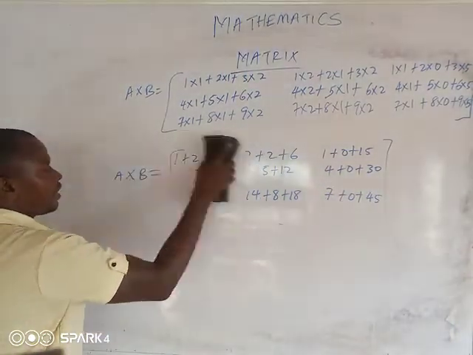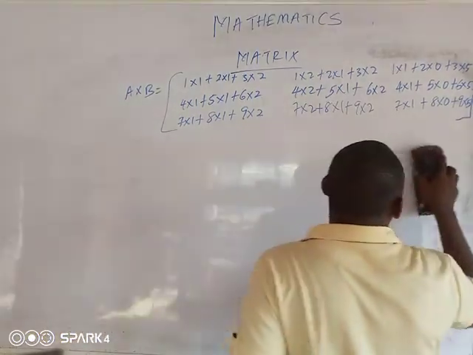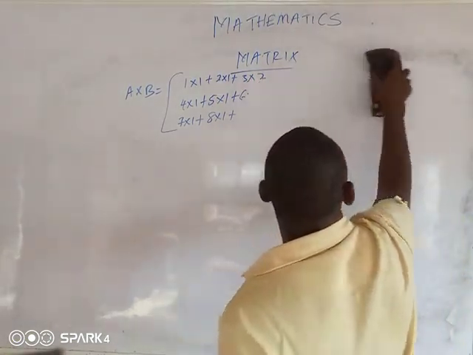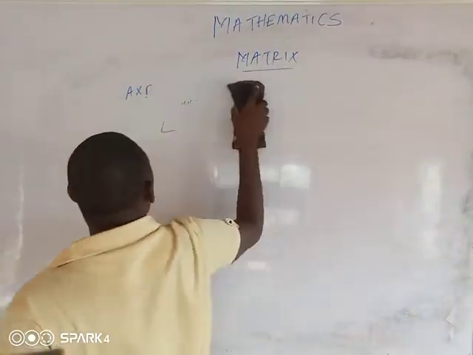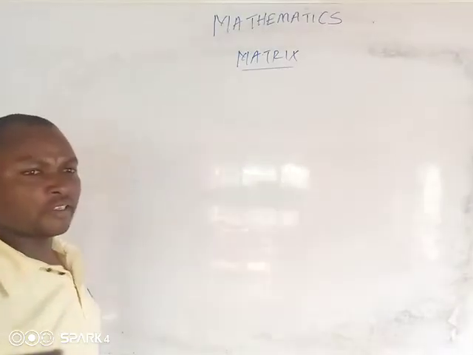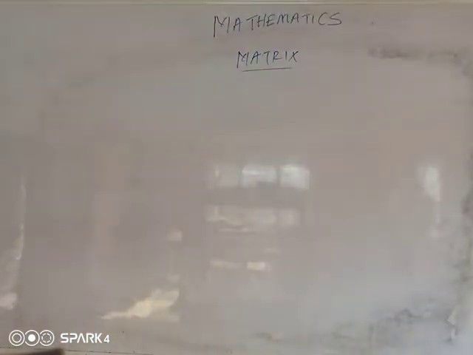So another operation is determinant of matrices. Please pay attention very much here as you have been paying to others. When we talk about determinant of a matrix, then we are talking about magnitude.